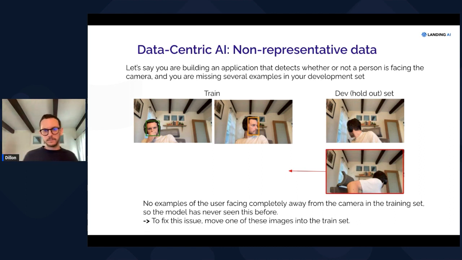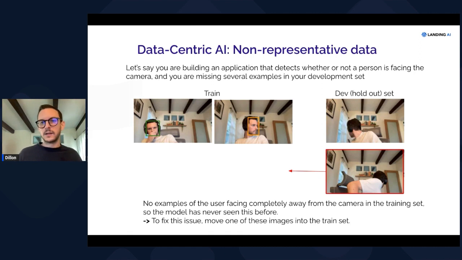And then finally, this is very similar to the dev set example I just went over. In this case, I may have a couple examples in my dev set where I'm looking away from the camera, and if I didn't train on those images, the model is not going to know what to do there.